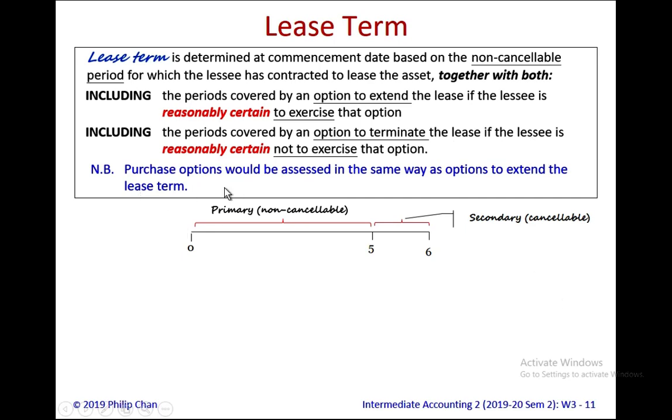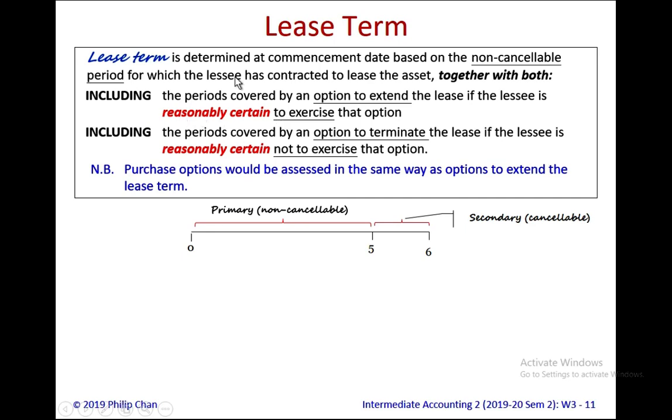We call that purchase option. For instance, this is the primary period, and if there is no secondary period in the question, then in year 5, the lessee may consider exercising the option to buy the asset. So please do not confuse the option to extend and the option to buy, or purchase option.